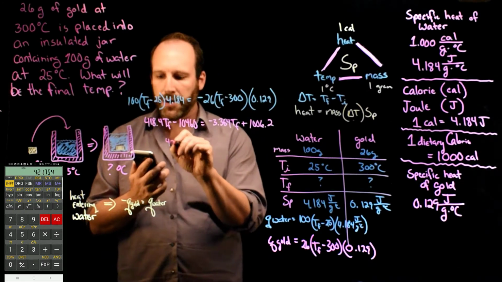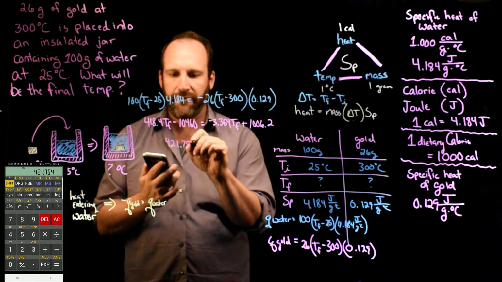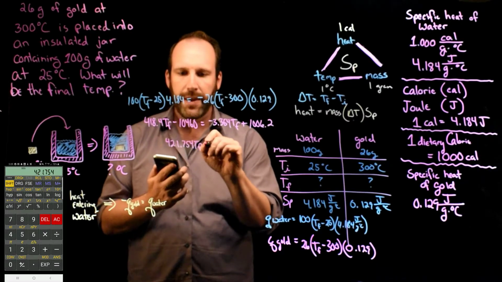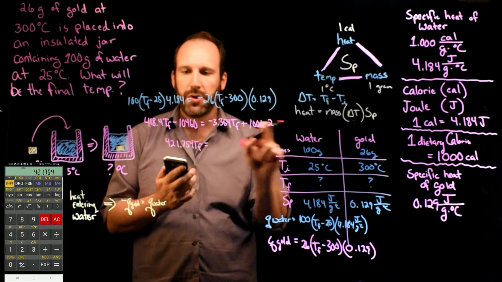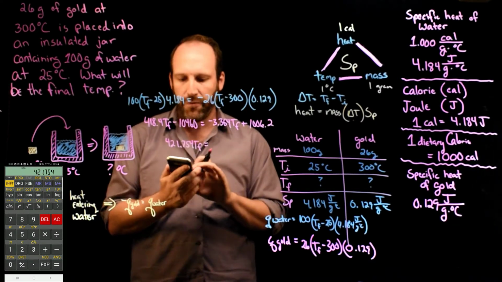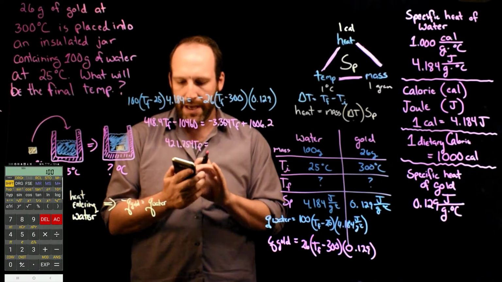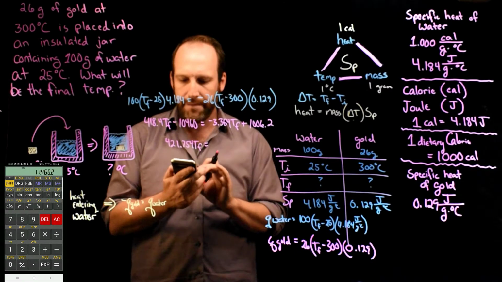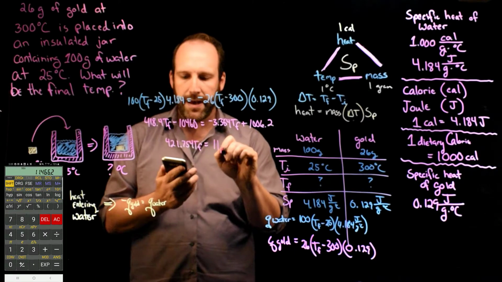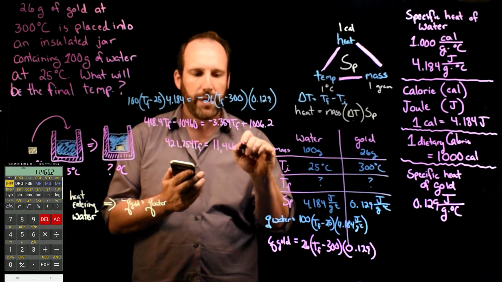So 421.754 TF is equal to 1,006.2 plus 10,460. That gives me 11,466.2.